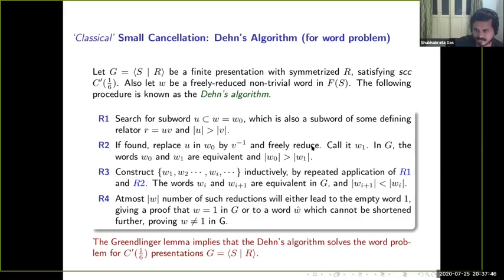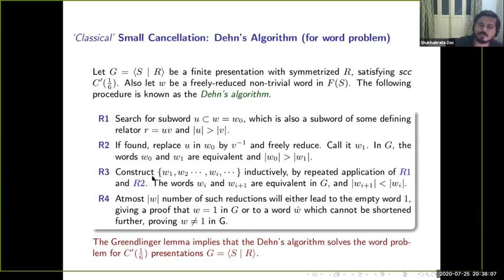And W1 is shorter than W0, the starting word. So we have an equivalent word in this presentation, which gives the same element in the group, with a smaller word length.